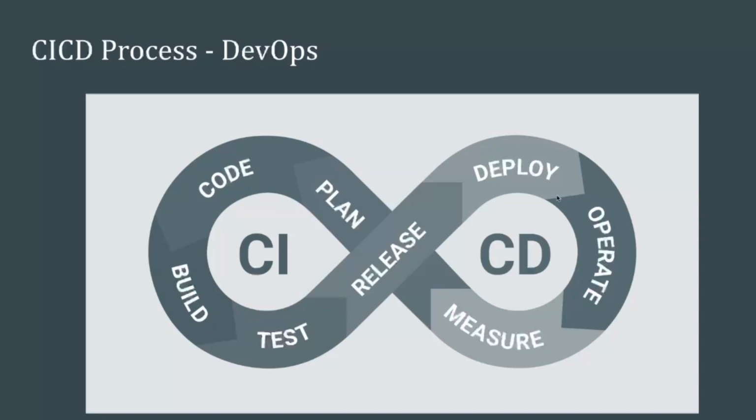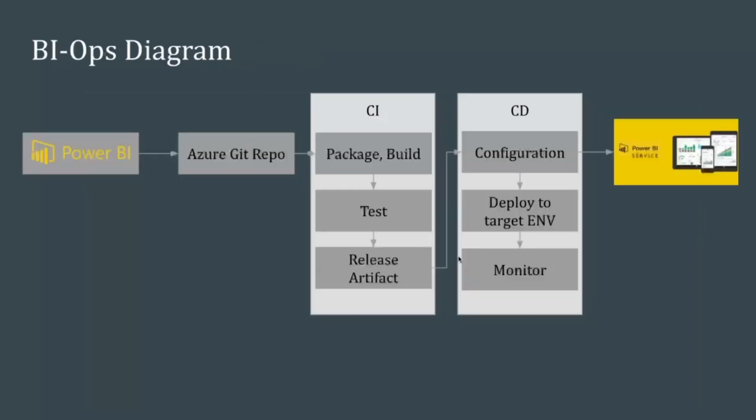After we deploy, we need to operate and see what the code change is on the target environment. And during operation, we need to measure or monitor our code change. So we know this is the infinity closed loop. This is the DevOps process, the CICD process.